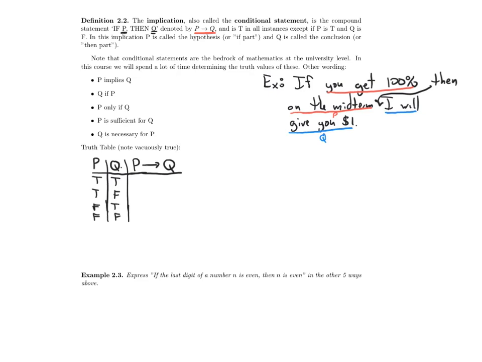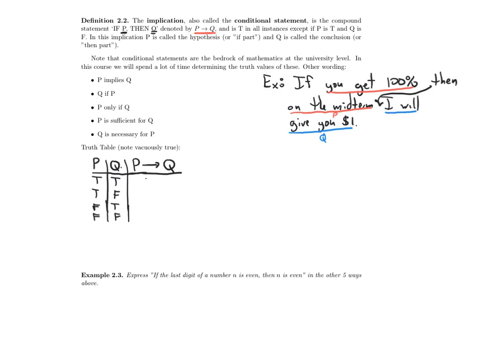So let's look at the various truth values, and let's see when I'm lying to you here. And we'll call that false. So am I telling you the truth if P is true and Q is true? If you get 100% on the midterm, so P is true, and I actually give you $1, am I telling you the truth with this sentence? Am I lying to you? I'm not lying to you.